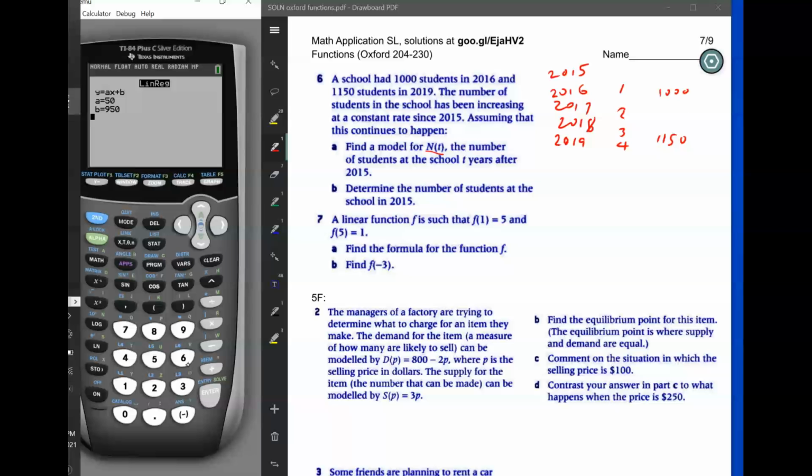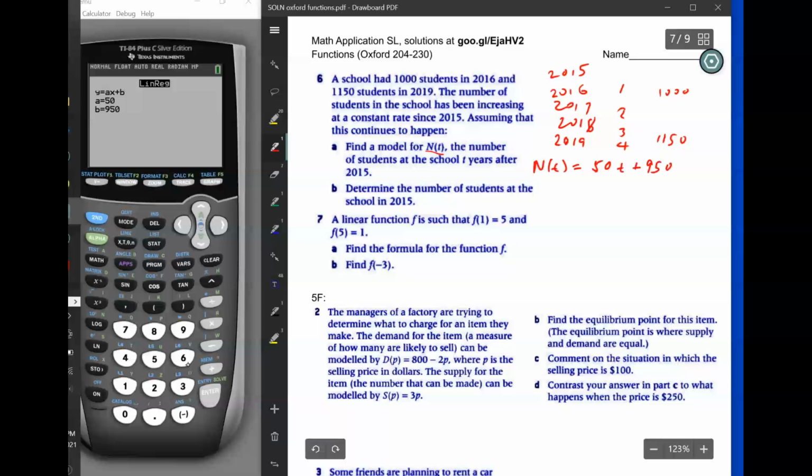Okay, so the model can be written as n of t equals ax plus b. And notice I put t for x and I put n of t for y. Okay, so there's the model. Determine the number of students at the school in 2015.